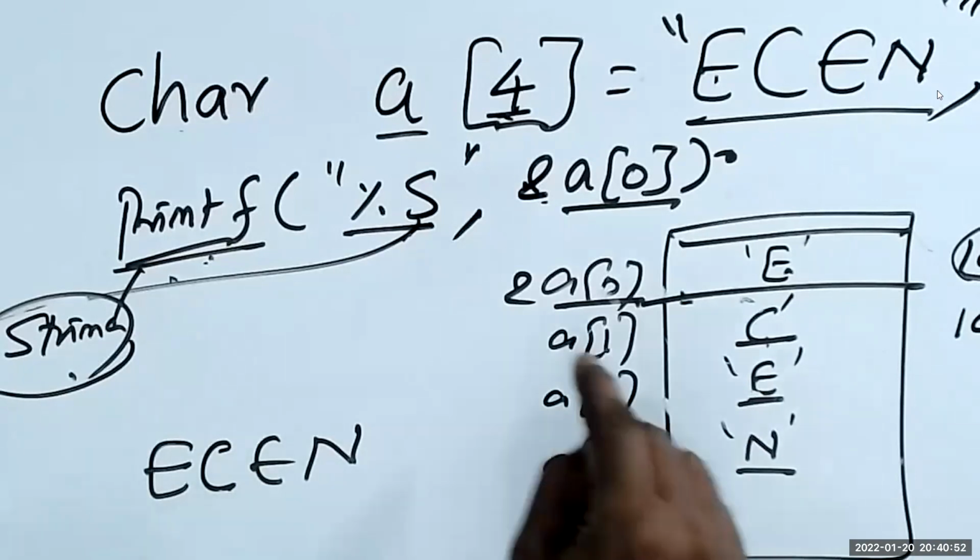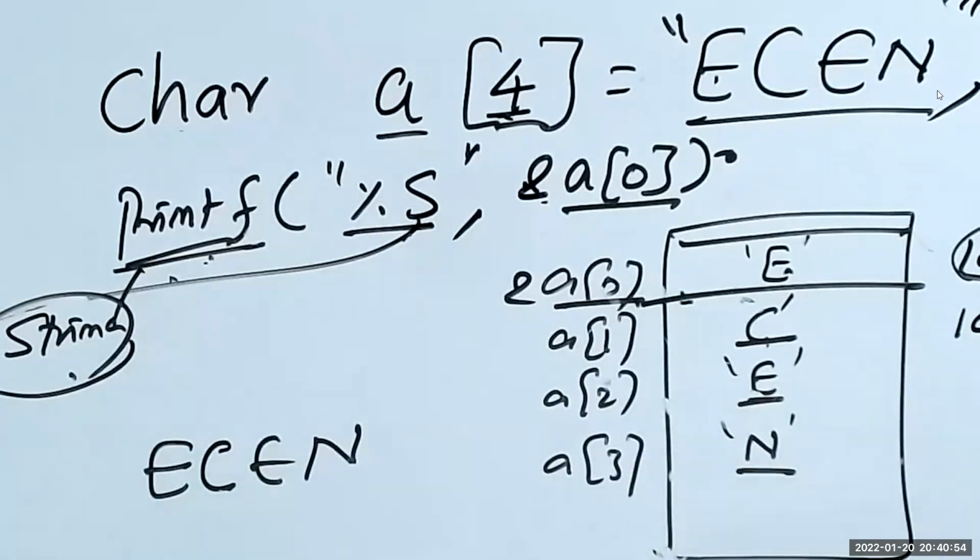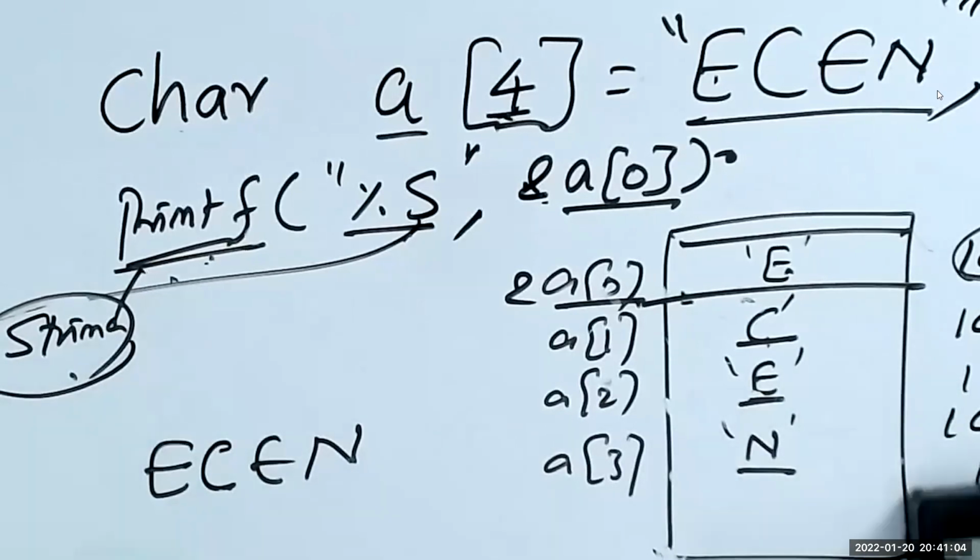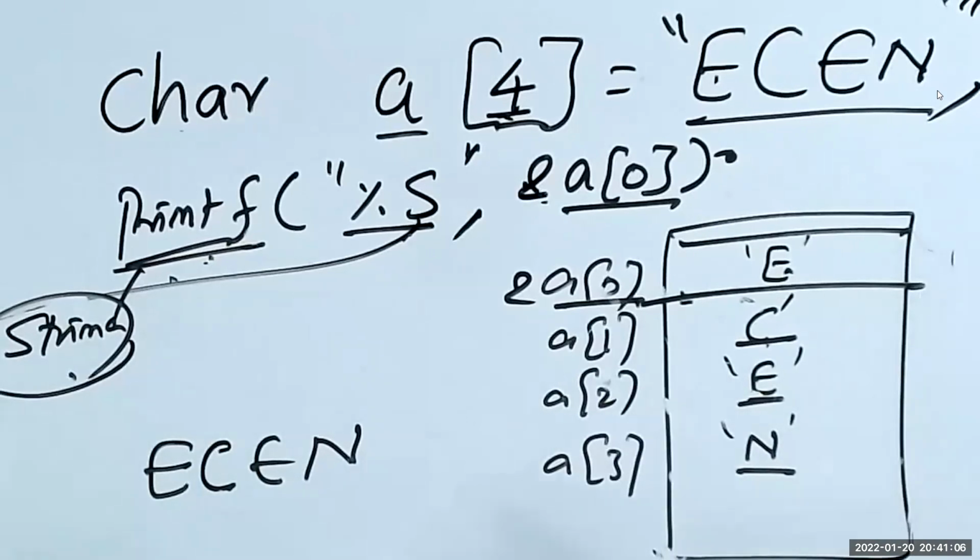Unfortunately, the printf does not know when to stop. Then it goes to the next character, 1002, 1003. Then it goes to 1004. It keeps on going till it finds 0. That's why you got the junk characters. When I showed the previous screen, you got the junk characters because it does not know where to stop.